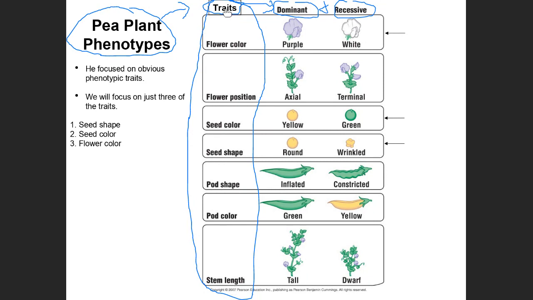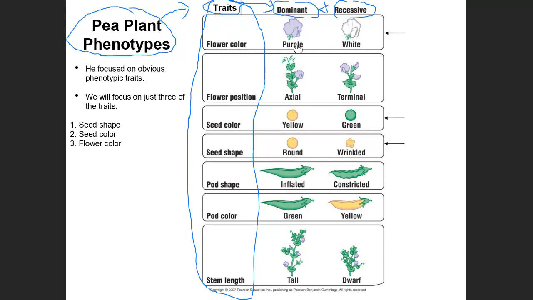And what he discovered is for each of the traits, they came in 2 physical types or two physical observable features. Okay. These traits came in a dominant phenotype, such as for flower color. Purple is the dominant phenotype for this trait, flower color. But these traits also came in a recessive phenotype, such as for flower color, which is the one trait.